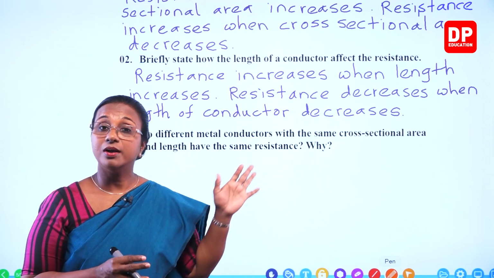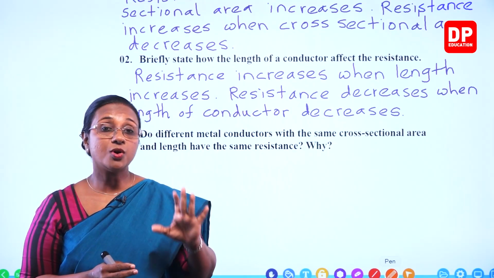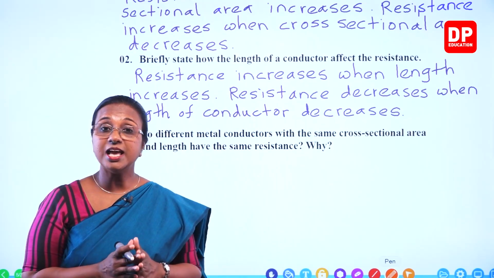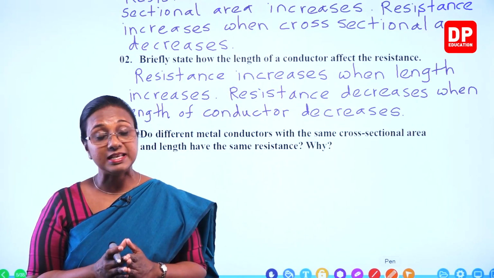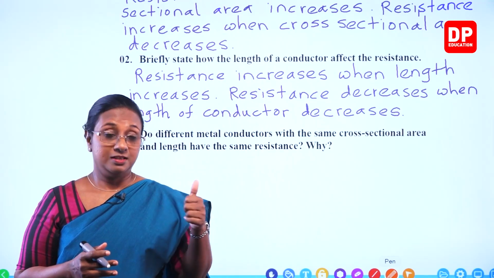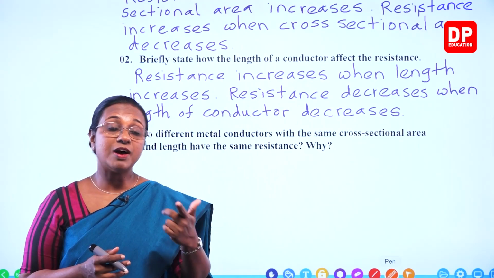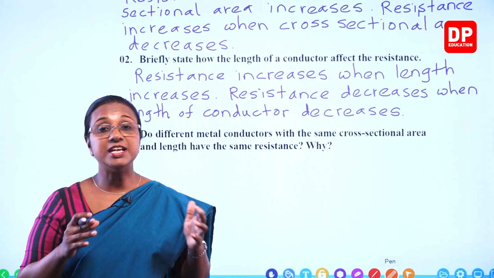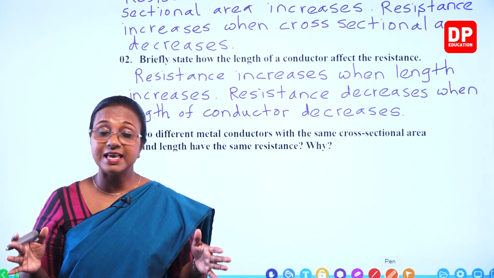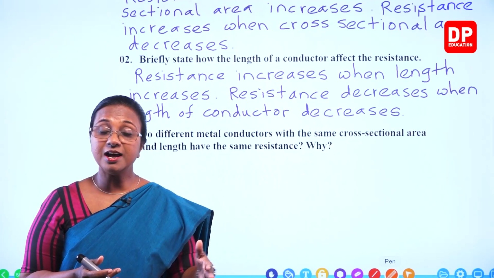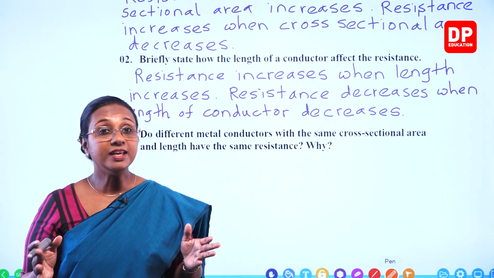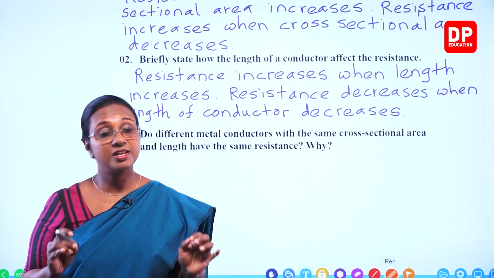We have done the activity where we saw how the length affects the resistance, then the cross-sectional area, and also the material composition. If you can remember, we used three wires: nichrome wire, iron wire, and copper wire. And you saw the current flowing through the copper wire. All of them had the same length, same cross-sectional area, and the current flowing through the copper wire was higher. Why? Because the resistance was less.